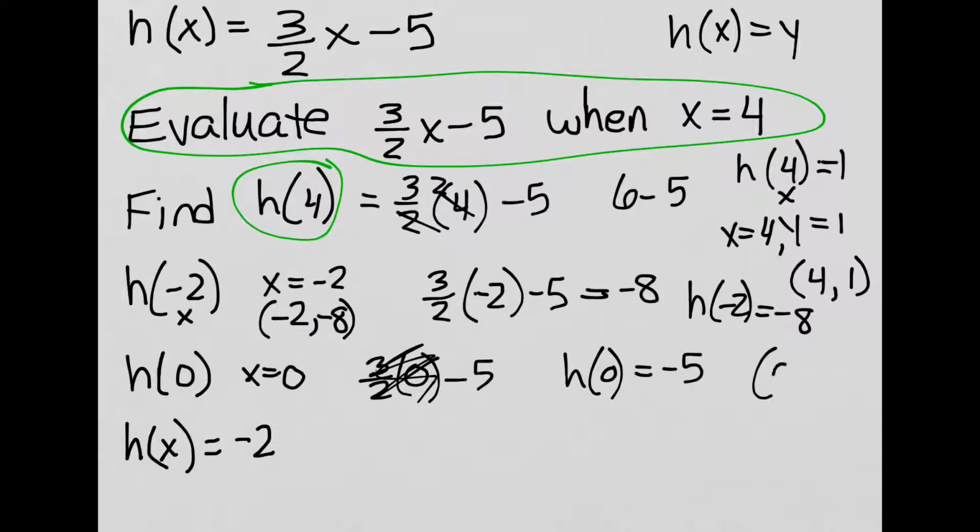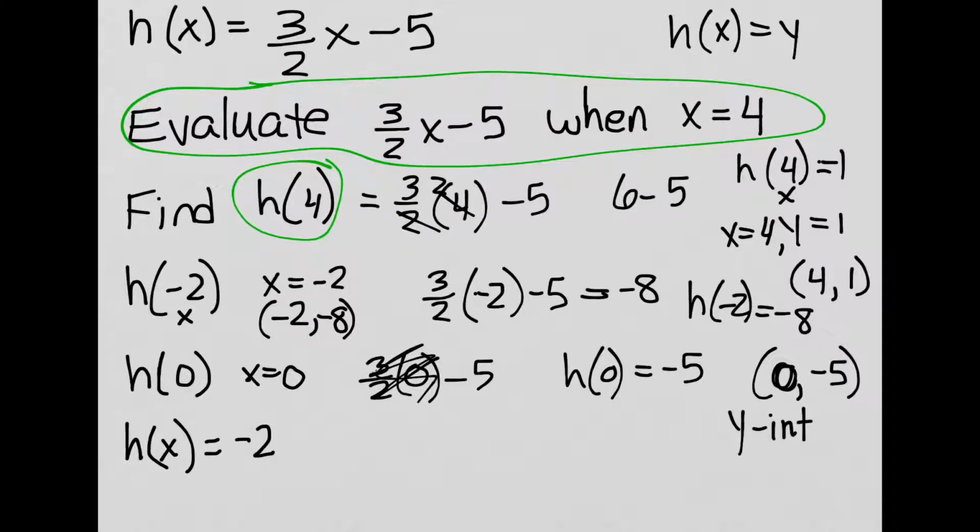In other words, when x equals 0, y was negative 5. And we are talking about the point (0, negative 5), which happens to be the y-intercept, because the y-intercept is the point when x equals 0. So our y-intercept must be (0, negative 5).